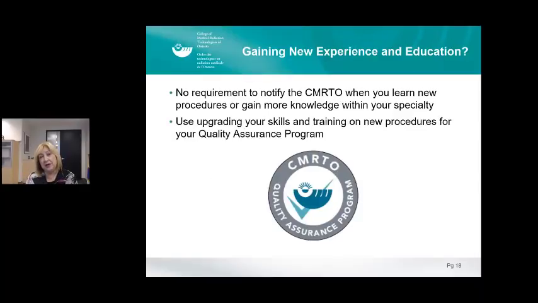When you gain new experience or new education, you don't need to notify CMRTO. You're going to record it, though, in your quality assurance program. So it's kind of post-grad training, and it moves from registration requirements to your ongoing competence and recording in QA. Okay?